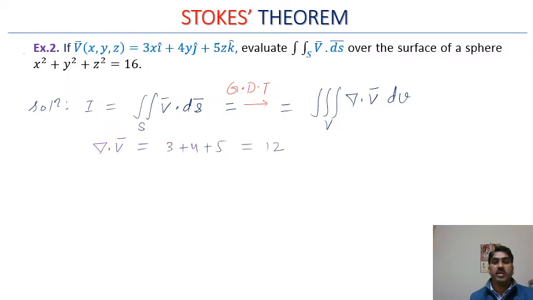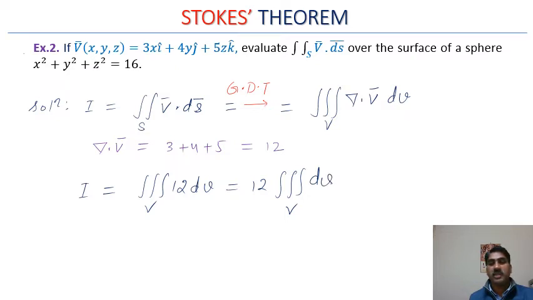So in terms of this, we have I is equal to the volume integral of 12 dv, and this 12 can be taken out. So this is the volume integral dv. And what is actually the volume integral dv? This is actually the volume.